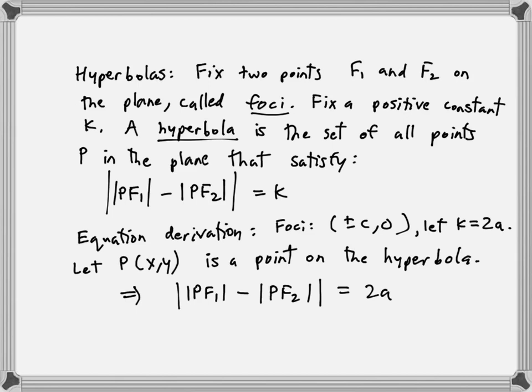This means that the square root of (x plus c) squared plus y squared, that's the distance, minus the square root of (x minus c) squared plus y squared has to equal plus or minus 2a.